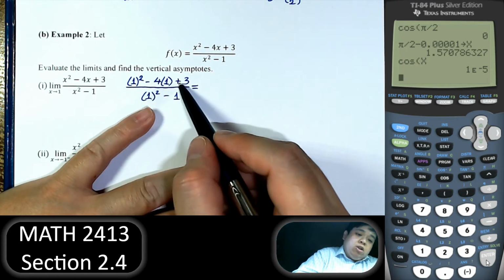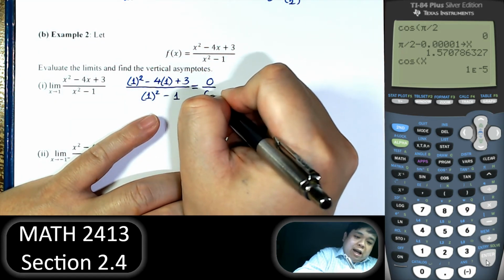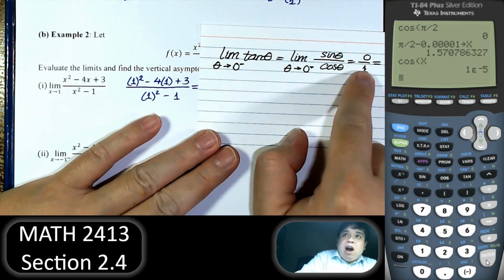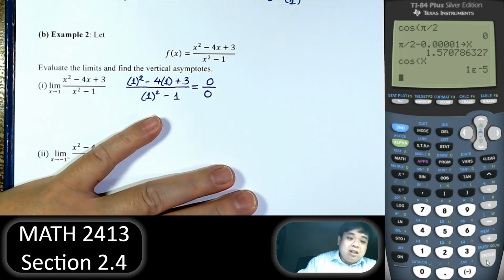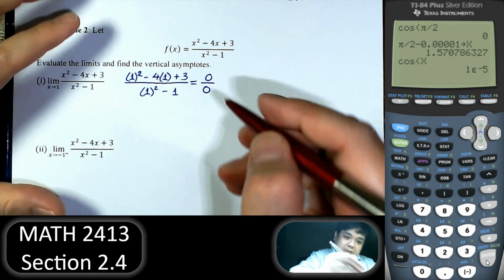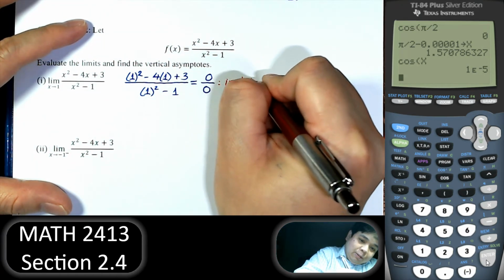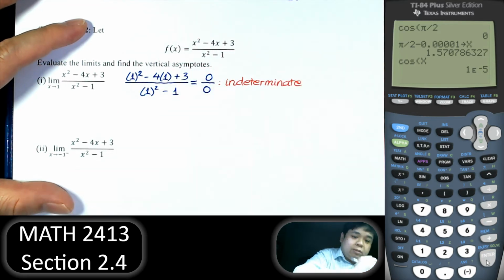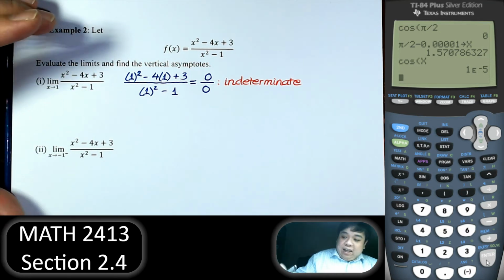That is 1 plus 3 is 4, minus 4 is 0. And 1 minus 1 is 0. Now, if we have 0 divided by anything else, that is 0. There's no question about that. 0 divided by 0, that is indeterminate, which means it could be anything.